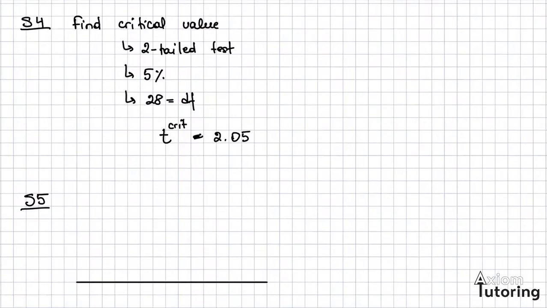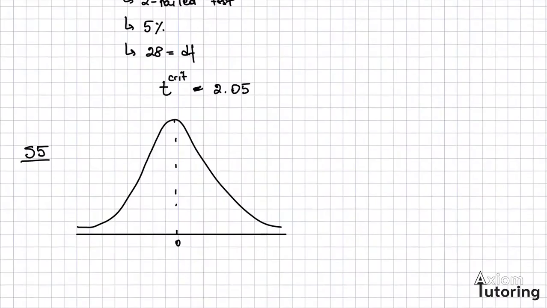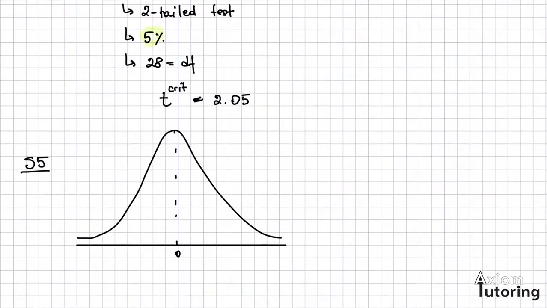I know that I have a t-distribution, and here is my 0. I have a two-tailed test and the significance level is 5%, which means that I have a t-critical on each side, where anything beyond these t-criticals is my rejection area.